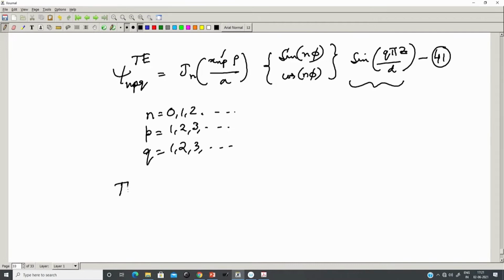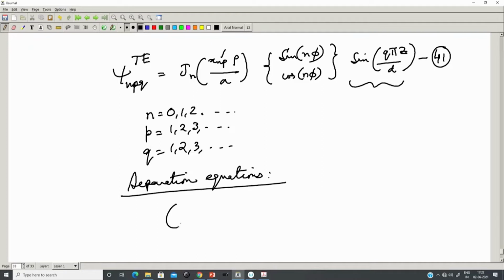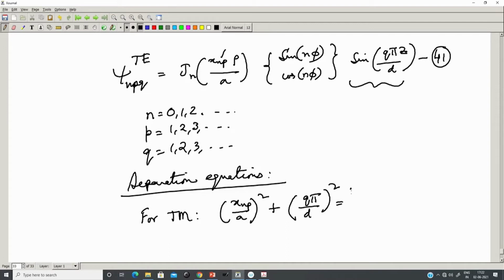So, the separation equation for the TM and the TE mode becomes, for the TM mode, x n p by a whole square, which is k rho square, plus k z square, which is q pi by d whole square, equal to k square.